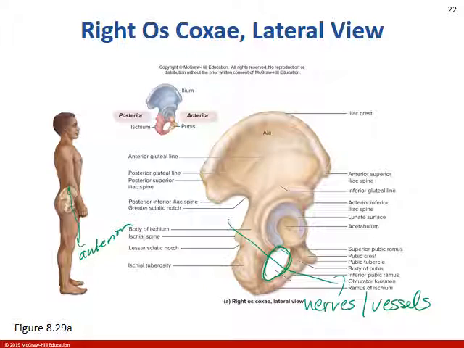On the back side, we do have the sciatic nerve that's going to come out and run on the posterior side. It doesn't go through the obturator foramen. That's why we have this greater sciatic notch and this lesser sciatic notch. And that sciatic nerve is going to innervate or feed the backside or posterior side of the leg.